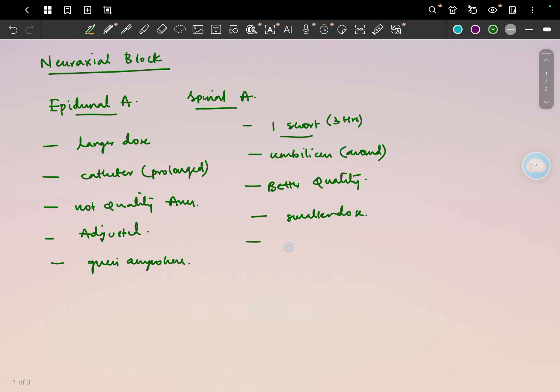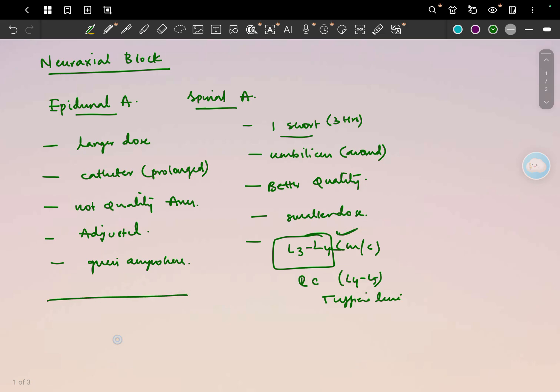So what is the location? L3 to L4 is most common, near the iliac crest, like the L4 and L5 line. So we'll have Tuffier's line. Basically L3 to L4 is the location, and we'll have needles. Like here we have Tuohy needle and we have a catheter that can be used.